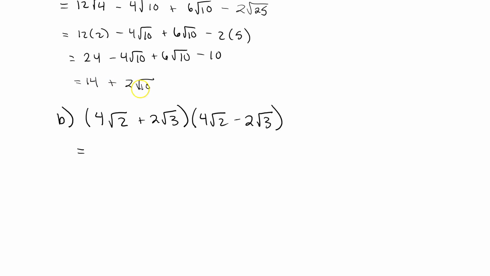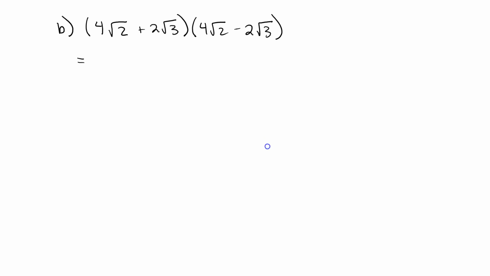This one right here, because it didn't get rid of that quote-unquote middle term, we had that root 10. But let's see what happens to our radicals in this type of question. All right, our happy little rainbows. Perfect.